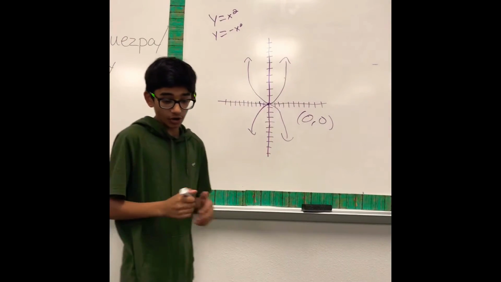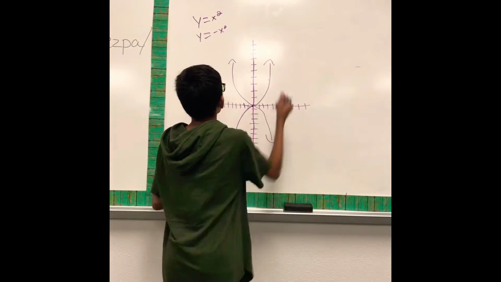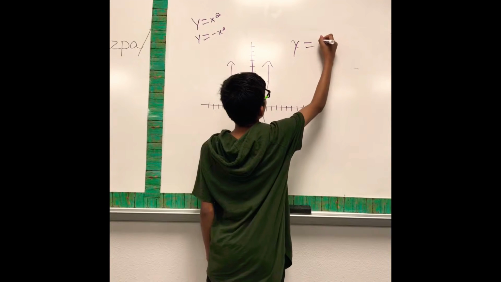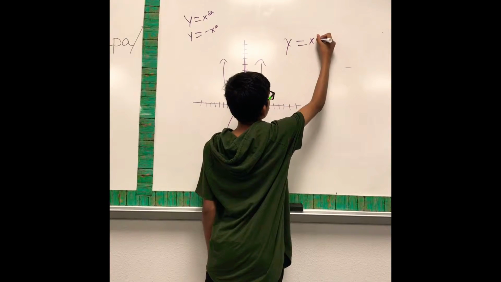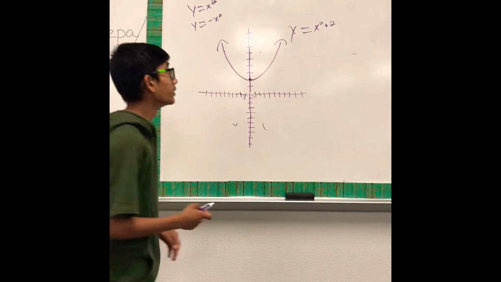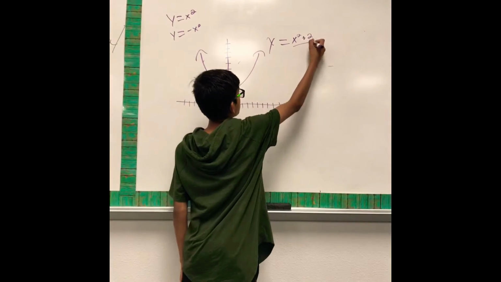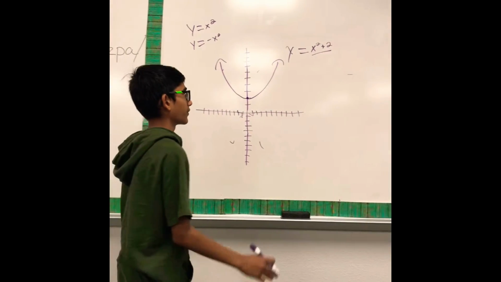But let's say for another problem, maybe the function y equals x squared plus 2. This parabola opens up, and the equation shows a transformation of y equals x squared up 2. Transformations are a different topic, we're not going to cover that right now.